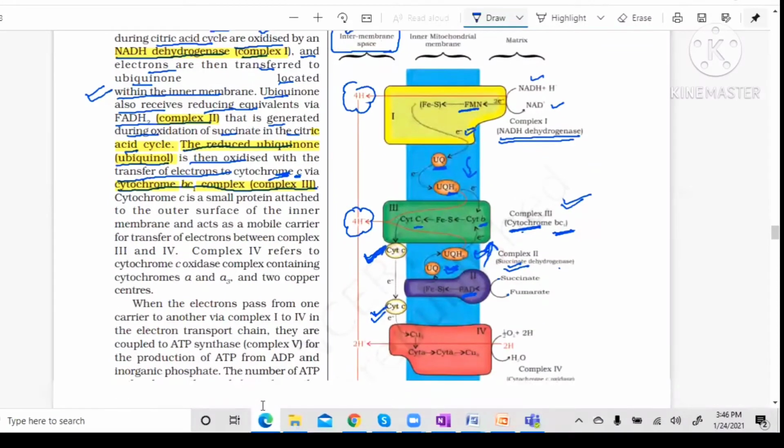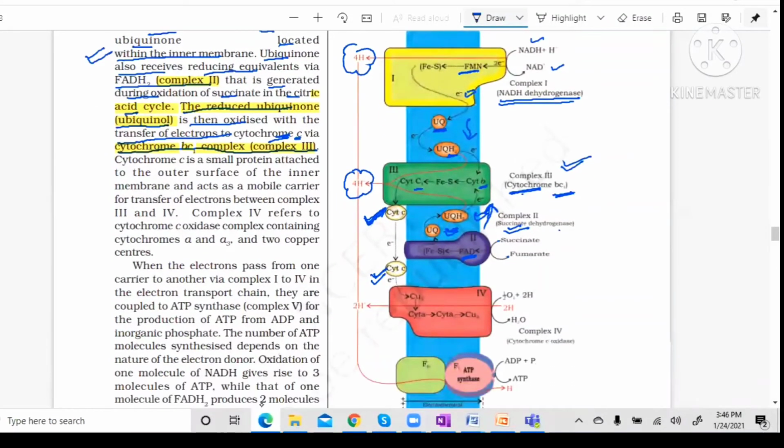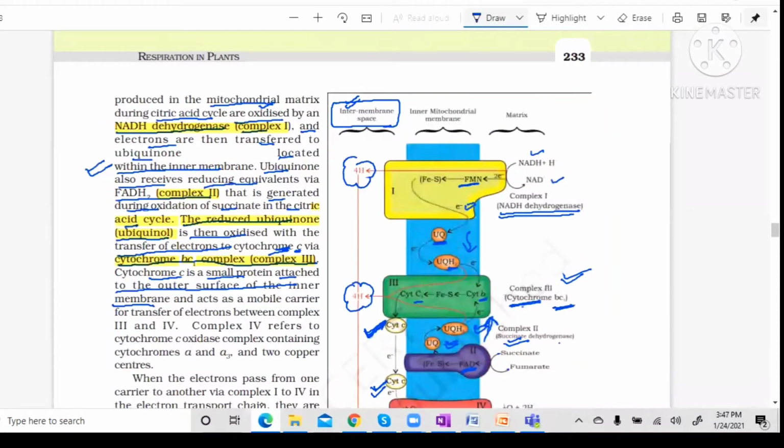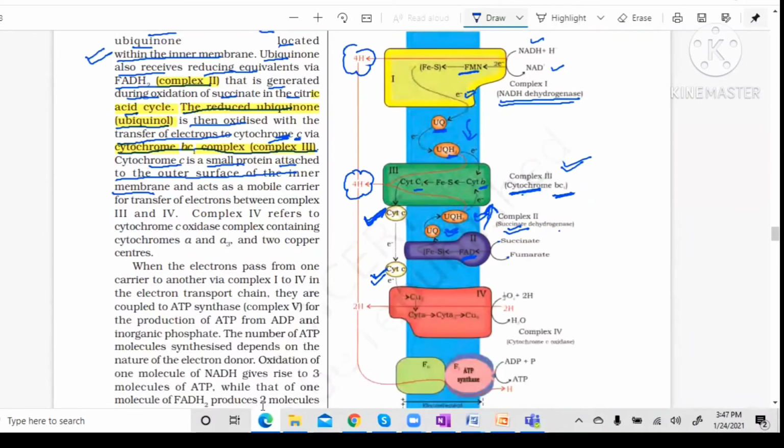Is it clear? And from cytochrome C, it is now coming to complex 4. Cytochrome C is a small protein attached to the outer surface of the inner membrane. You know very well this process is occurring on the inner membrane of mitochondria. You can see here. And you know very well the cell membrane is a phospholipid bilayer.